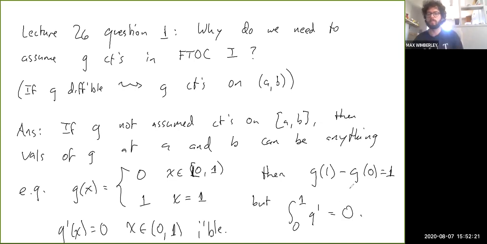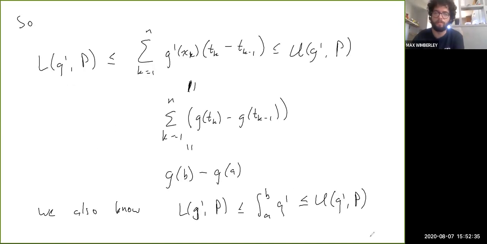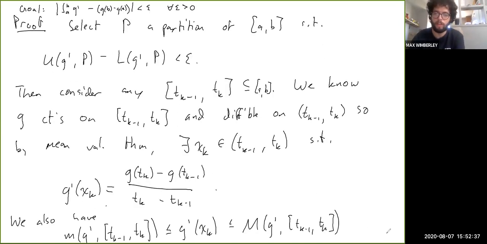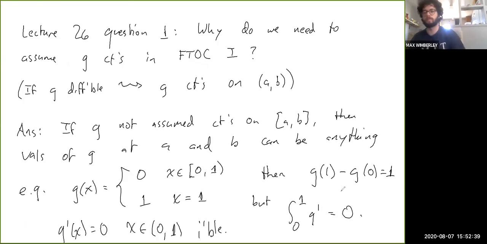These obviously disagree, because you can adjust the values of g at 0 and 1 however you want. It doesn't change the integral, but it does change the expression on the right-hand side in the statement of the theorem. So it is important that g be continuous at the endpoints in order for the theorem to make sense.